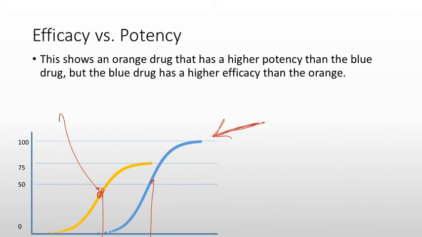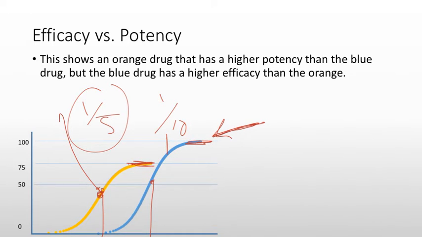If we called this a 5 and called this a 10, then 1 over 5 would be the potency, and 1 over 10 would be the potency here. You can see that it has a higher potency, almost double or exactly double. But the Emax is about 80%, and this one is at 100%.